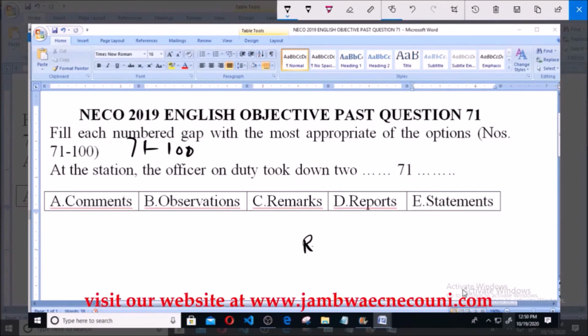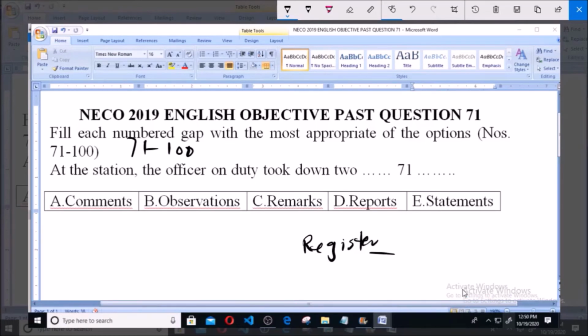It's from register, and this register is from what we call crime. So the question number 71 says, at the station, the officer on duty took down 2 dash.